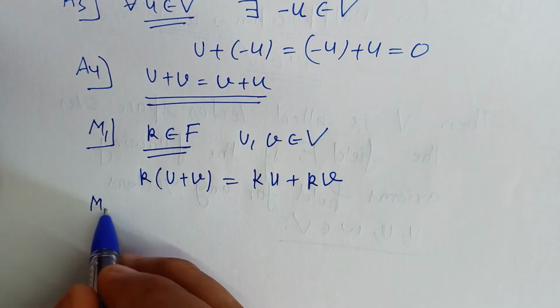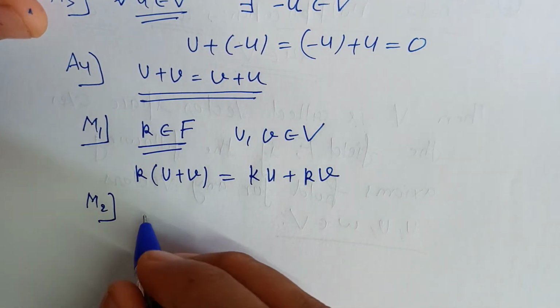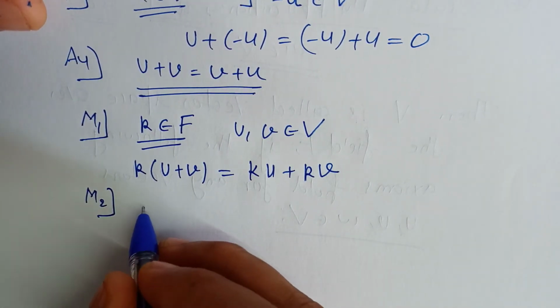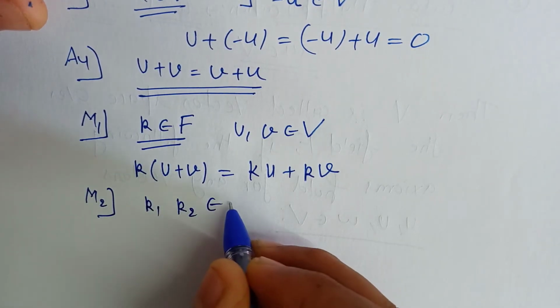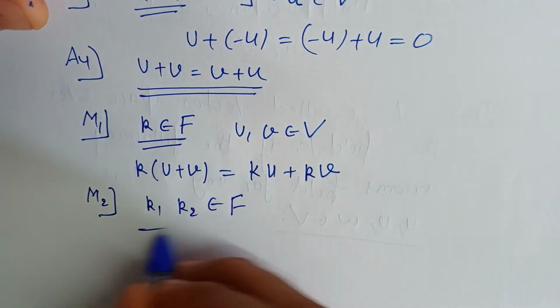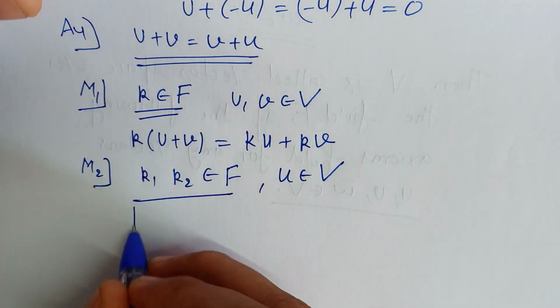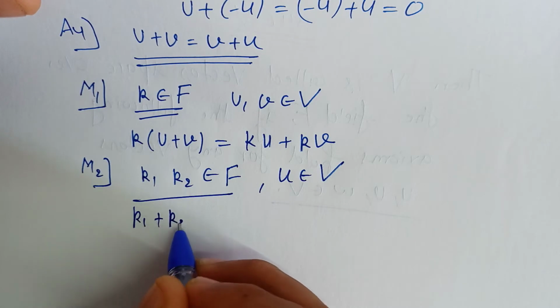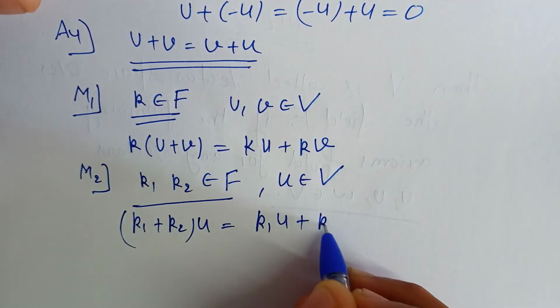And M2, the second property: if you take k1 and k2, two scalars from the field, and one vector from the vector space, then (k1 + k2)u equal to k1 u + k2 u.